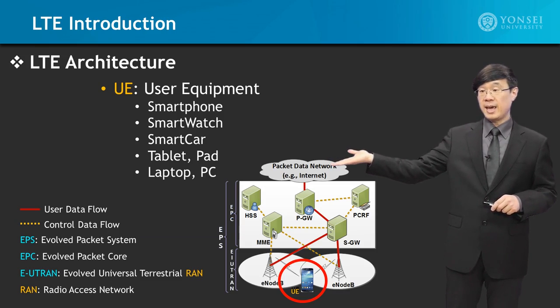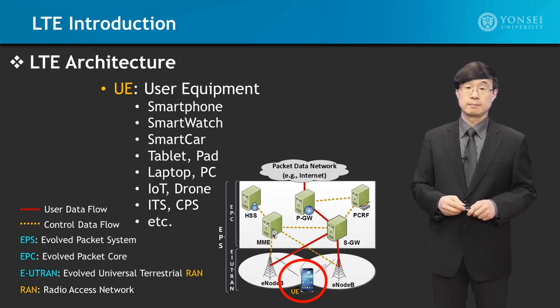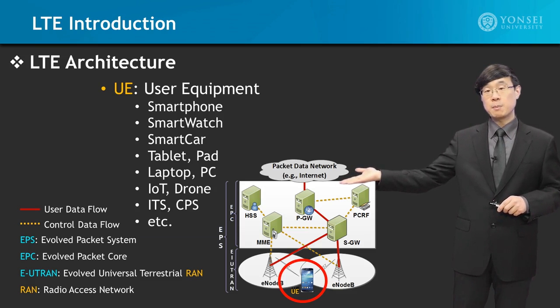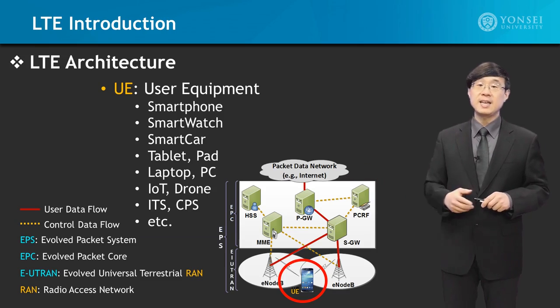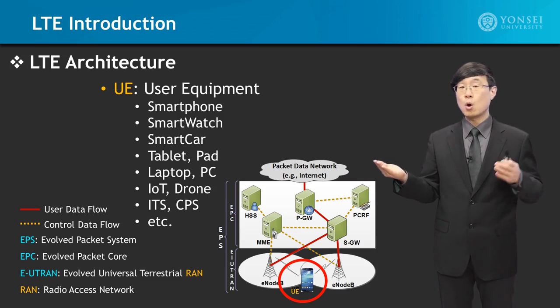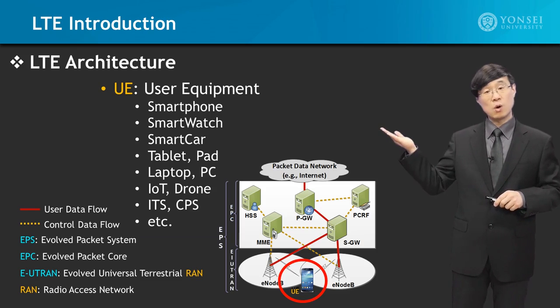It could be like a laptop or PC, as well as an IoT device or a drone. Then for ITS, Intelligent Transportation Systems, as well as CPS, Cyber Physical Systems. In ITS, there's the onboard unit and the roadside unit devices. And these are the devices that definitely would qualify as user equipment of the LTE network.